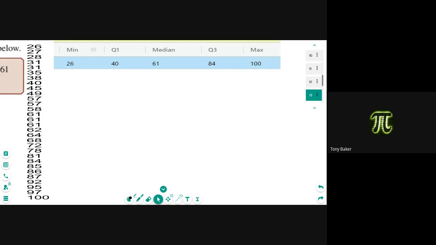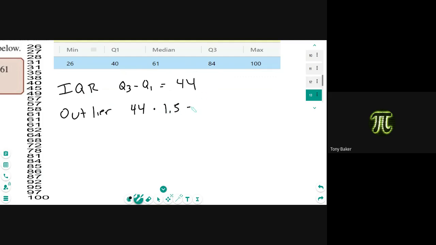The IQR is Q3 minus Q1, which in this case would be 44. And now my outliers. 44 times 1.5, which is 66.